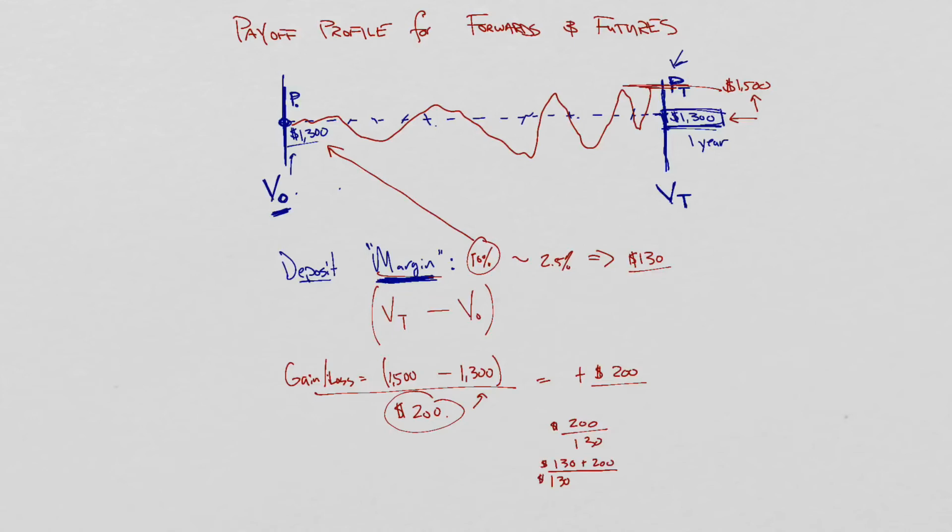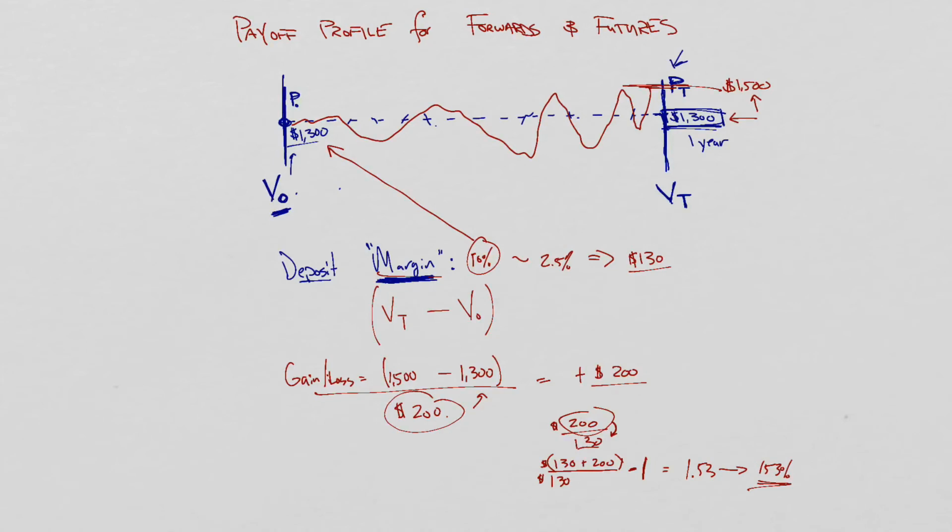So at the end of the day, on a $130 investment, my percentage return, subtracting out 1 here, is 1.53, or a 153 percentage point return. So I spent $130. I got that money back. That was my initial investment, but I earned a pure profit of $200. A pure profit of $200 on $130 is 153%.